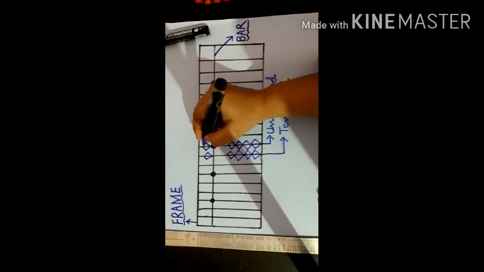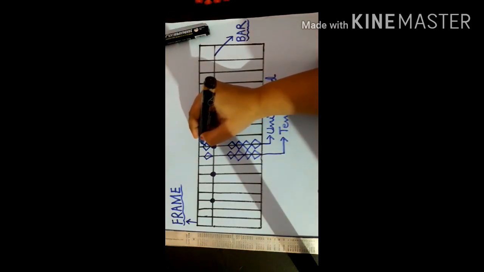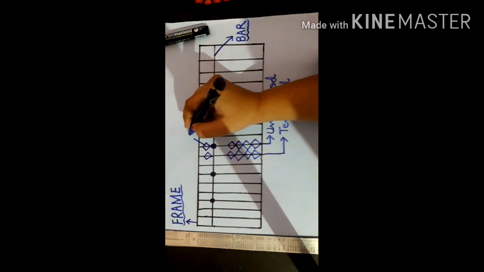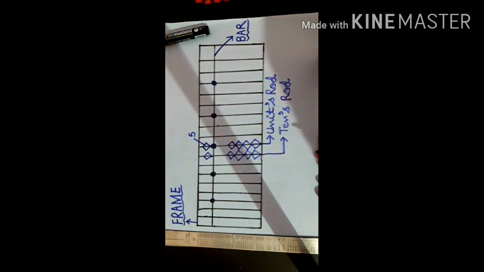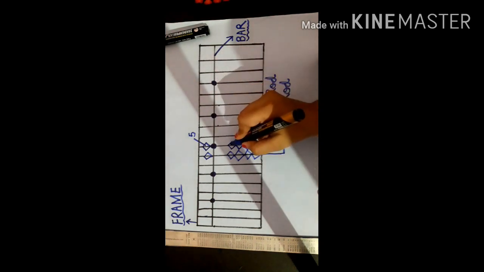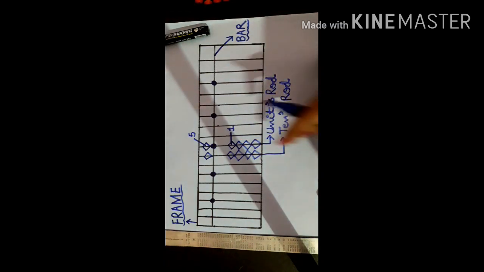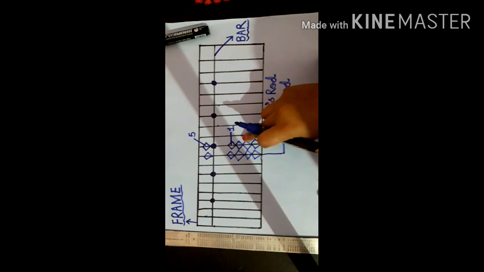Now, what is the value of this bead? This is 5. Do you remember? Yes. And this is 1. 1, 2, 3, 4.